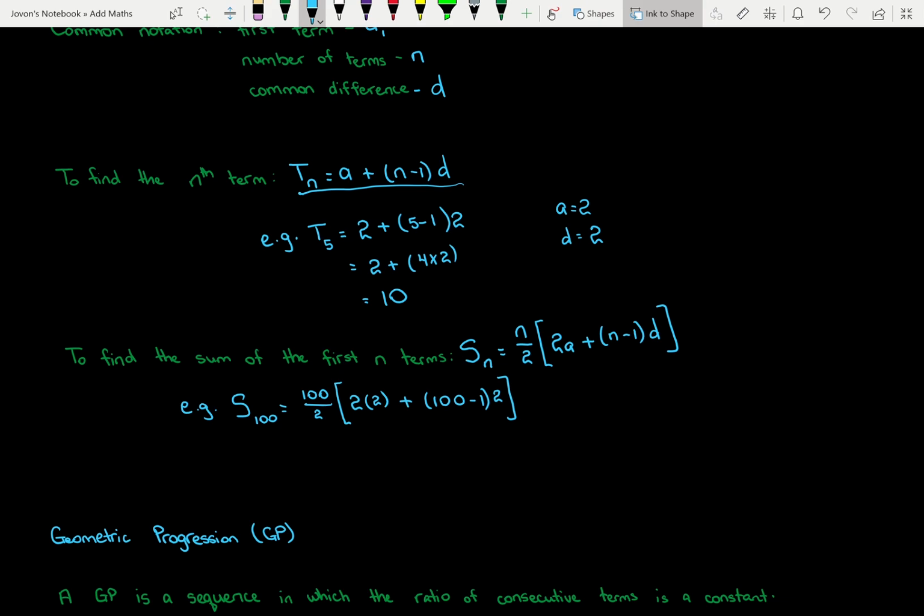And this gives you the value of 10,100. So this is to find the sum of the first n terms, and we have a formula for it: S of n is equal to n over 2 multiplied by 2a plus n minus 1 times d.